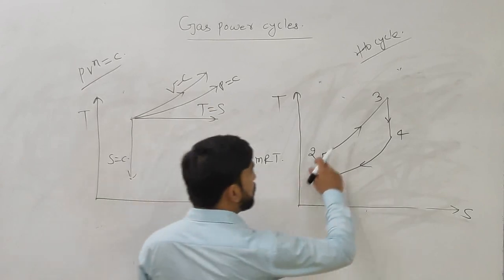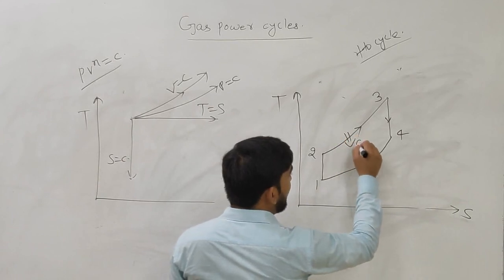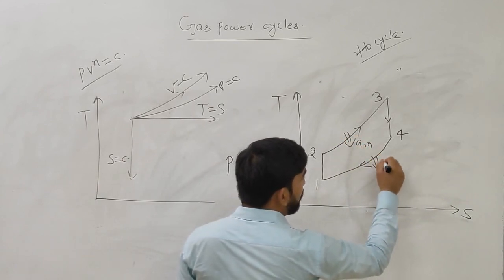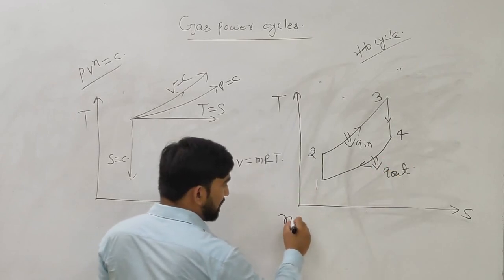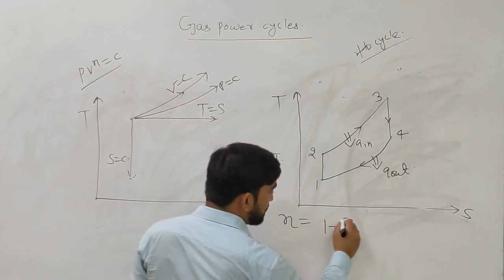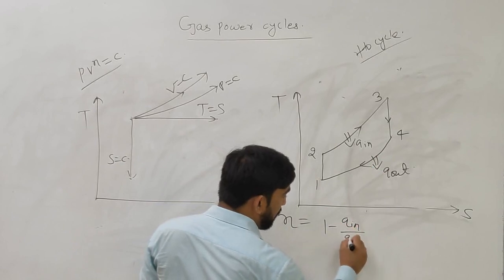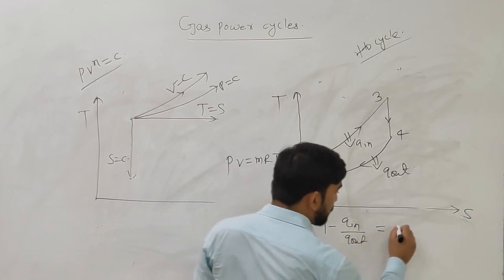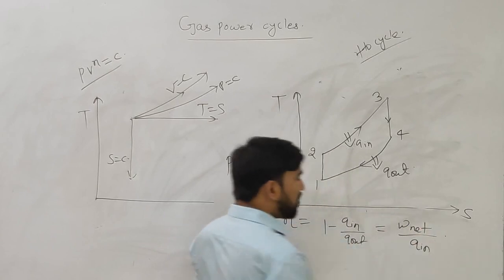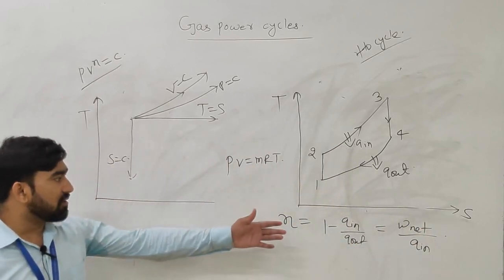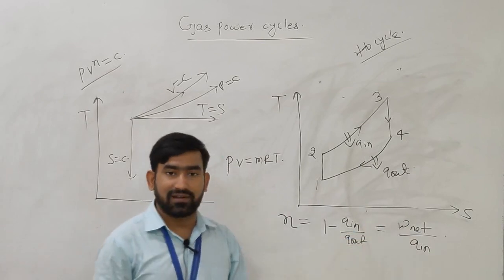So here is the constant volume process where heat is added, and the constant volume process where it is rejected, and efficiency is given by 1 minus Q out upon Q in, or W net upon Q in. Now what is Q in, what is Q out, what is work net?